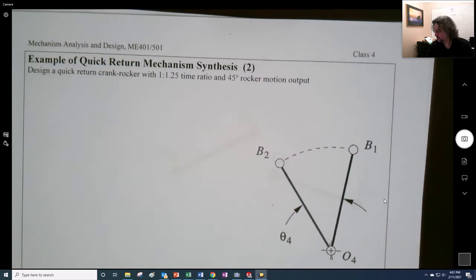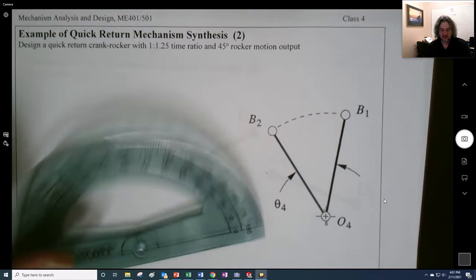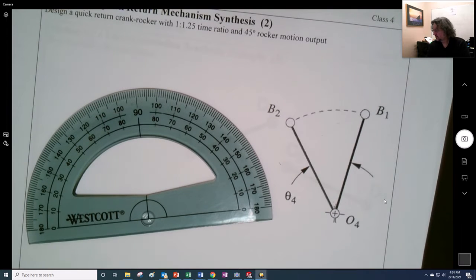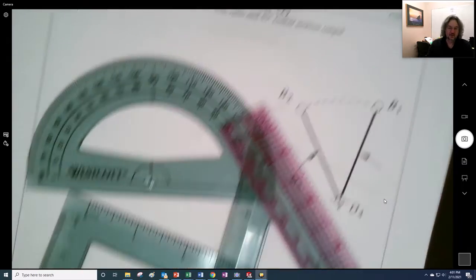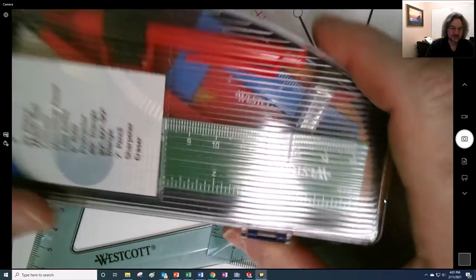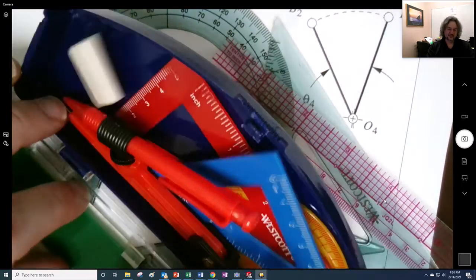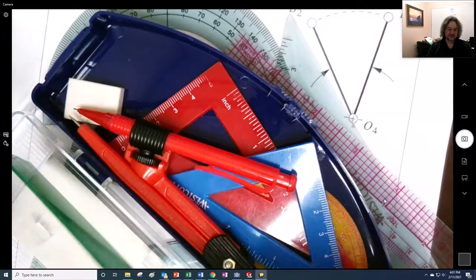It will really help you to do these problems if you have a protractor, a good straight edge, a good ruler, like these right here. You can go to the bookstore and find this awful thing. It does have these inside here, so it has the green ruler, decent.